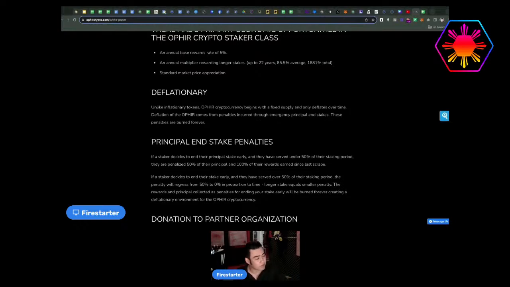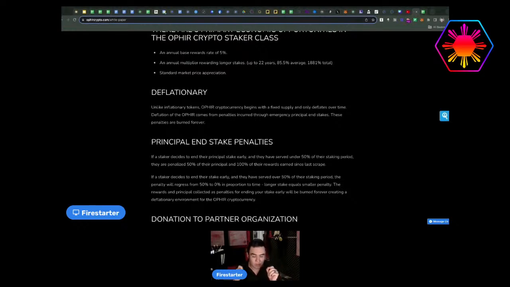And what are those penalties? So if you have not completed at least half of your term, so if we're talking 10 years here, if you unstake anytime before the fifth year, then half of your Ophir crypto principal is going to be burnt out of supply. So if you have 1 million Ophir that is staked for 10 years, then before the fifth year, you decide, oh, I really need my Ophir for whatever reason, so I decide to unstake it.